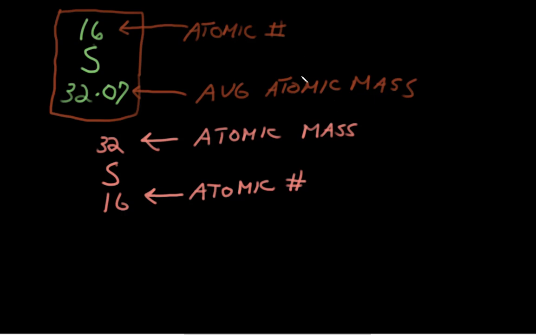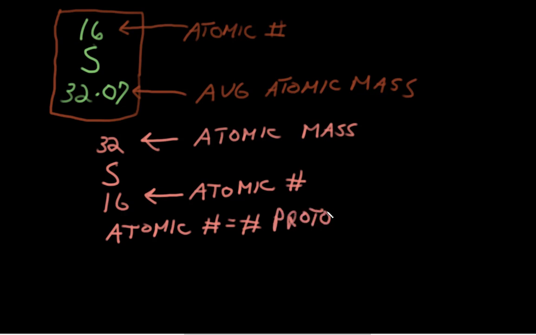Now, for a neutral atom, the positive charges have to equal the negative charges. Protons, if you remember right, have a positive charge. So the atomic number equals the number of protons.